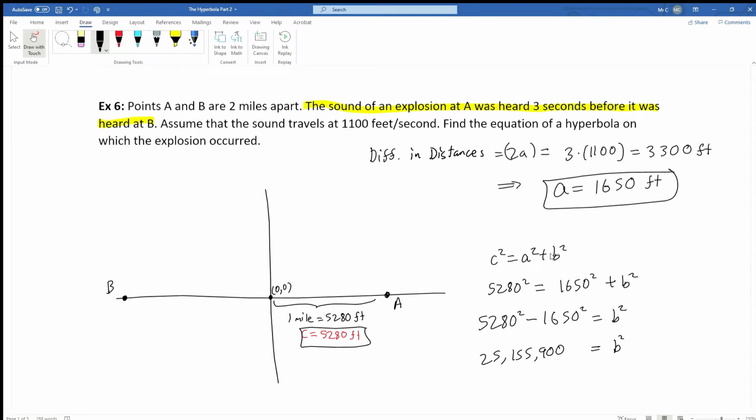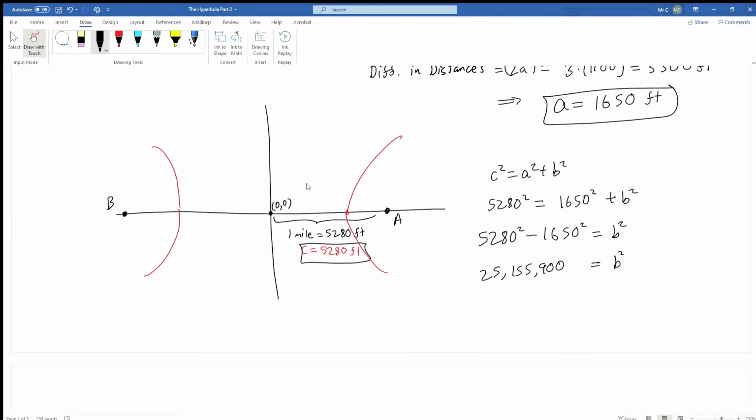And keep in mind that since your foci are at A and B, wherever the vertices are, this is a horizontal hyperbola. So since this is horizontal, that tells us it should be x squared over a squared minus y squared over b squared equals 1.